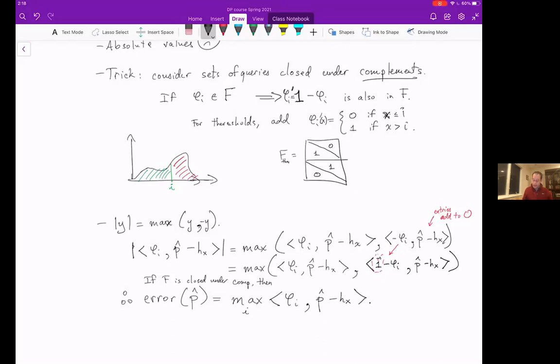This looks almost the same as what we had before, but we've removed the absolute values by ensuring that we have the phi and its complement in the family.